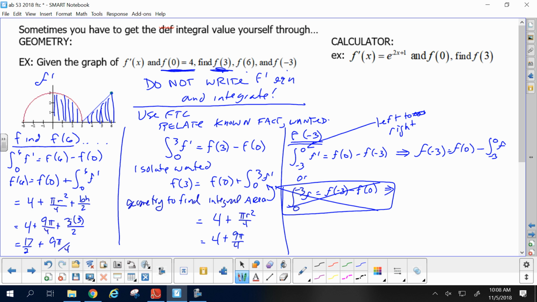So, say again. Along the number line, -3 is first and 0 is second. Oh, so you mean over here, or here? Isn't it f at the upper minus f at the lower? And the upper is 0 and the lower is -3.